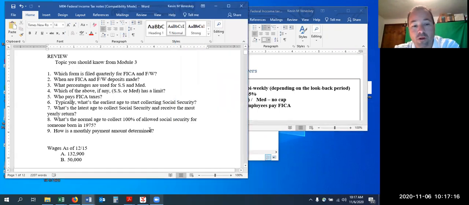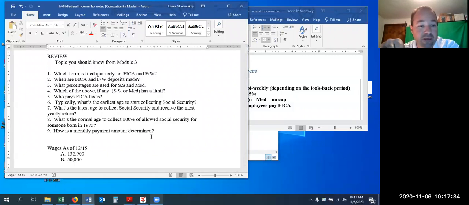What is the normal age to collect your full Social Security if you were born in 1975? The answer there would be age 67. For most of us in this class, it's going to be age 67. How is a monthly payment amount determined?